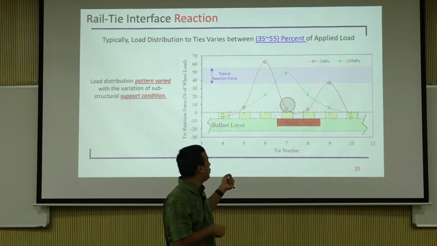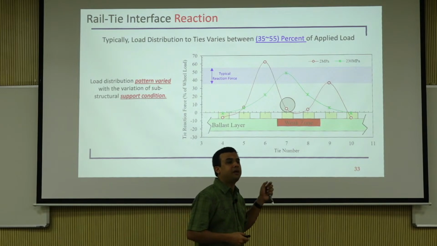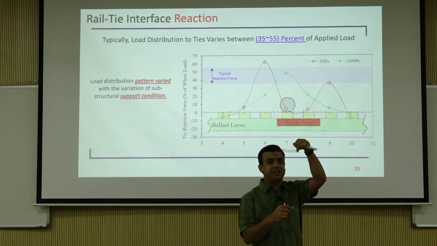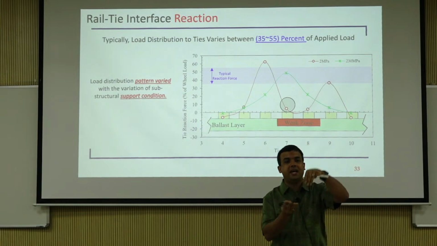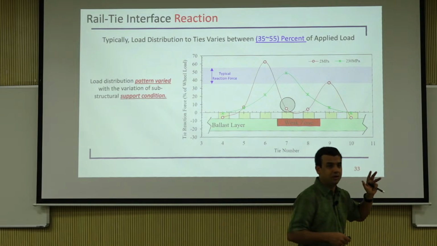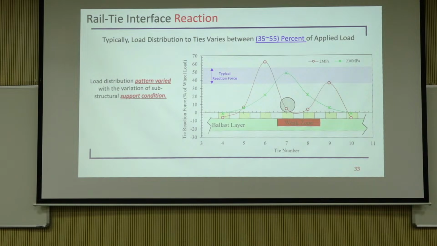Why did I not do a complete gap? Those of you who have worked in finite element modeling will know that if you create a gap and there is deformation, and two areas with mesh interact with each other, there are huge convergence issues. It's a numerical nightmare. So this is the 2 megapascal line.